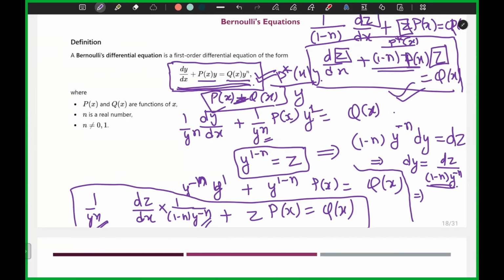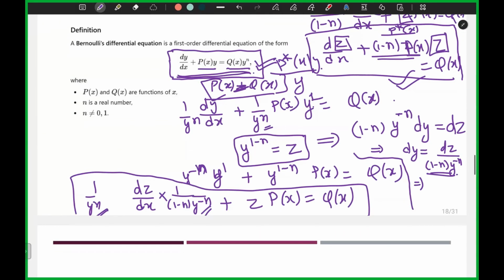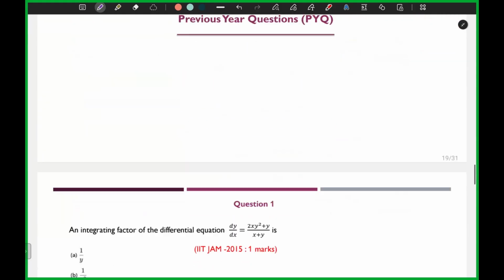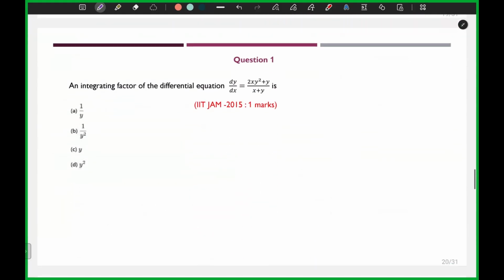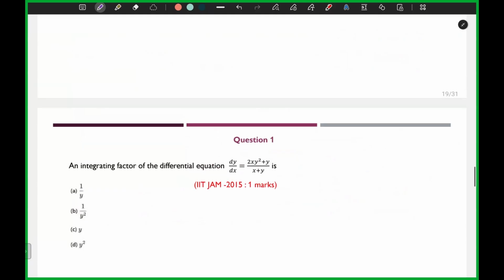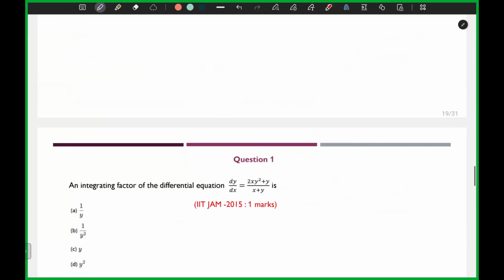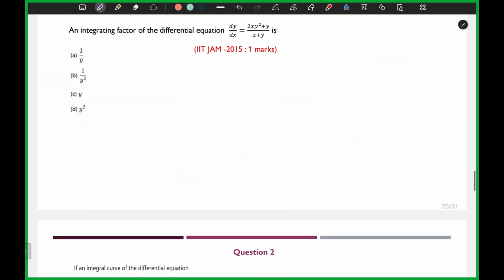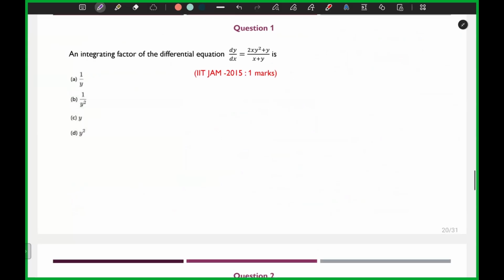Everything is, I think, almost recalled. Now these are the previous questions. I can share this slide of questions so that you can go through and practice. While solving, try to maintain the limit on what time you are using in solving a single question.